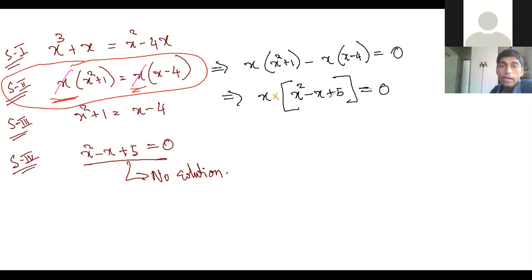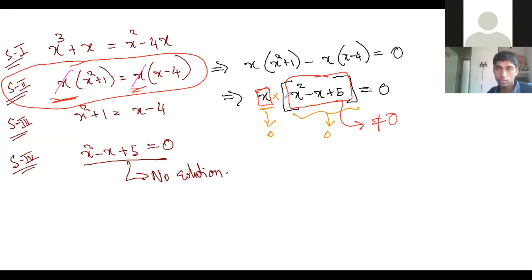So when you're multiplying two things and getting 0, that means either this has to be 0 or this has to be 0, or both can be 0. We have seen that this is a quadratic equation which is never 0. It has no solution. So the only solution is when x is 0.